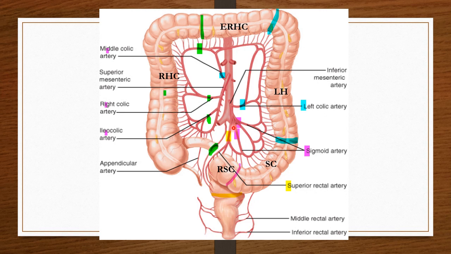This diagram shows the various types of colectomy or hemicolectomy that are done and the blood vessels that must be ligated in each of these hemicolectomies. First, the right hemicolectomy.